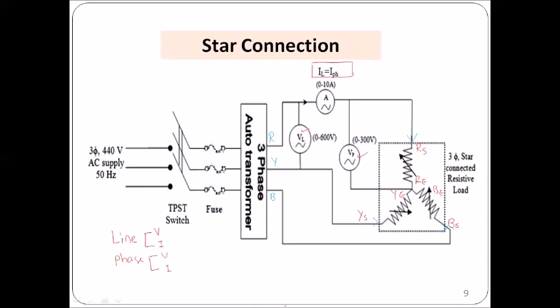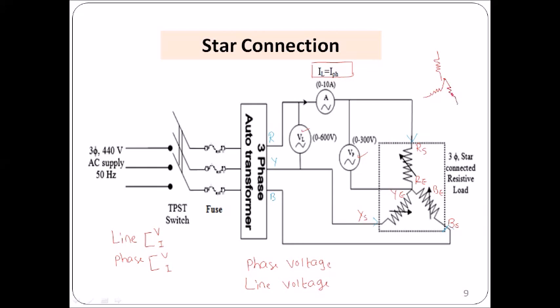First of all, for the star connection, we shall try to know what phase voltage is and what line voltage is. For star connection, we have connected our resistors like this.